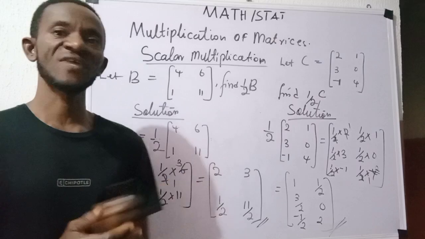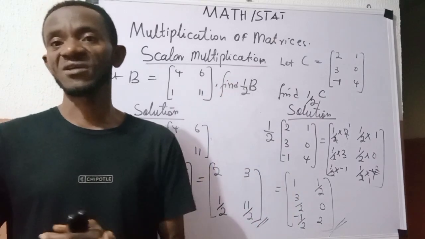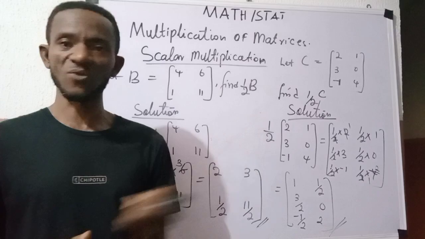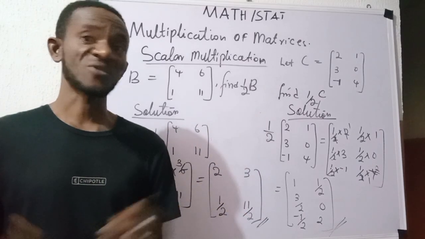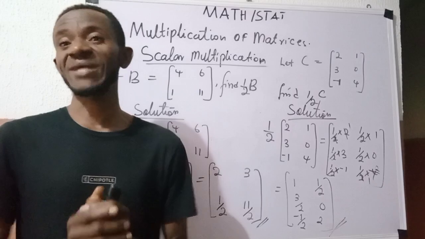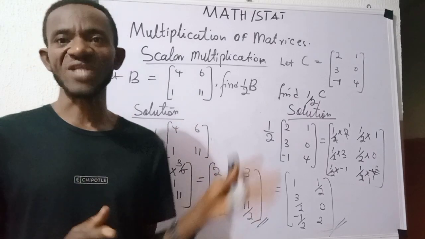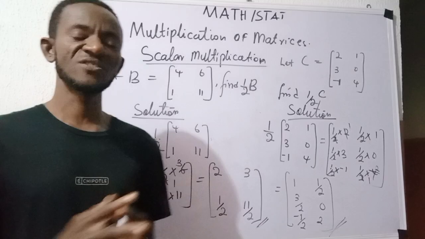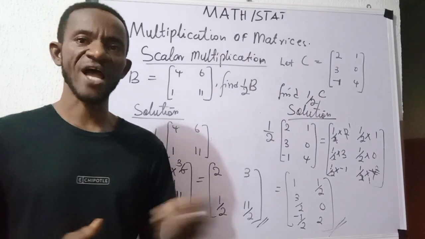That is the essence of this. Even though scalar multiplication looks very simple, and of course, seeing what we have done today, it is very simple, when we begin to look at exam questions under scalar multiplication, without this background knowledge, you might find it a little challenging following what we are doing.